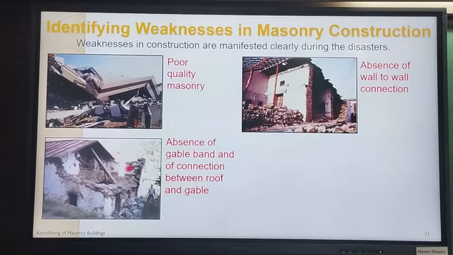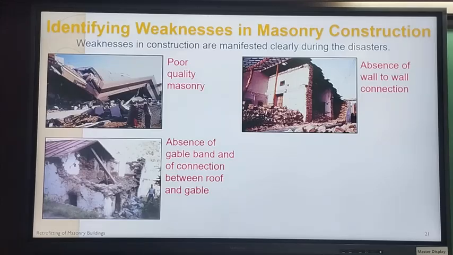So this ridge beam should have been connected to the gable band at the top. If that were there, this would not have happened. But the gable wall was there with no connection between it and the ridge beam. So the gable wall fell, and down came the ridge beam and down came the roof.